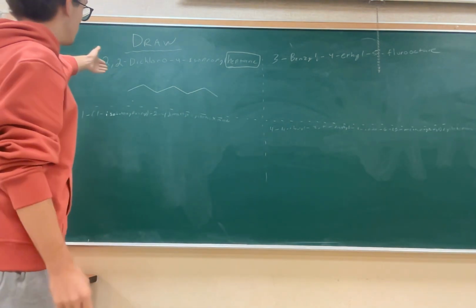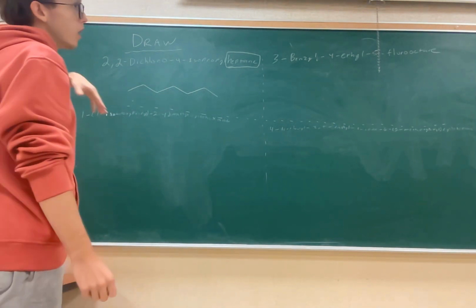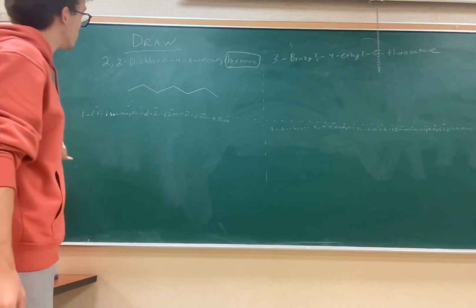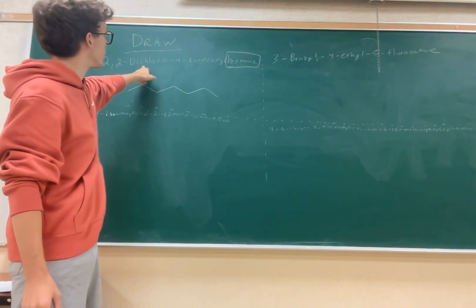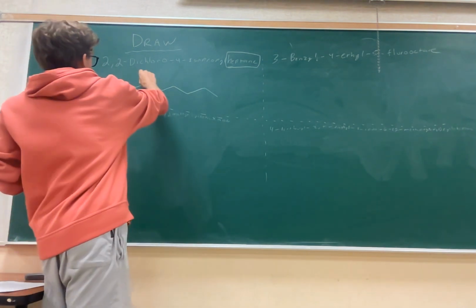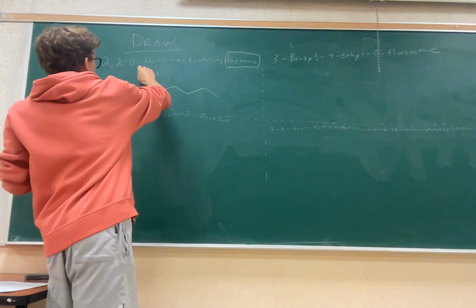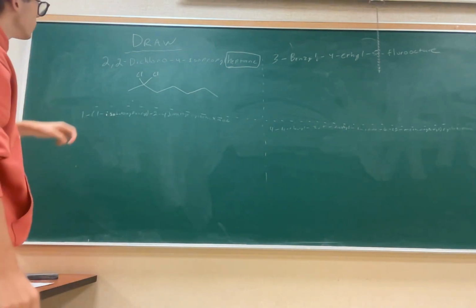Now we're going to add our substituents. In this case we have dichloro in position 2, so we're going to draw 2 bonds protruding from that second carbon and draw 2 chlorines.